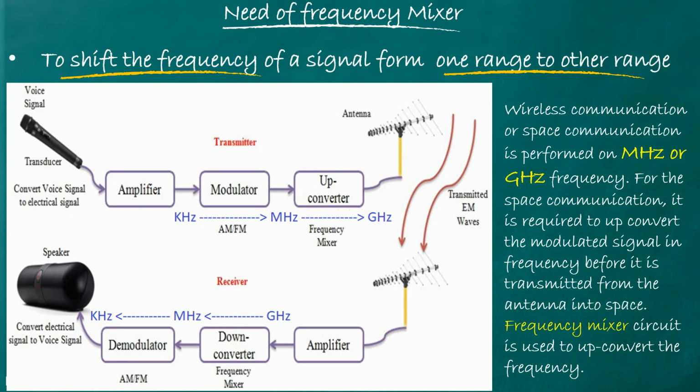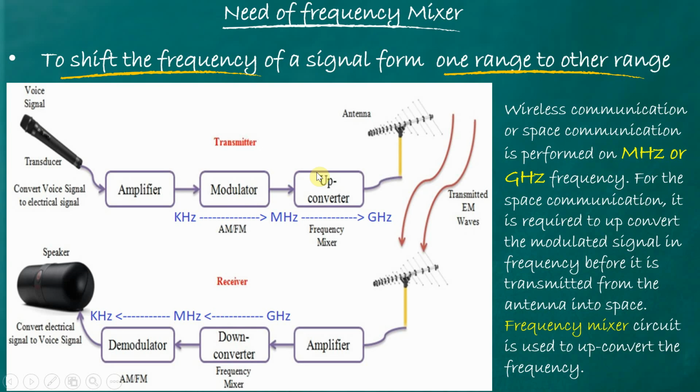In wireless or space communication, the frequency of operation is normally in megahertz or gigahertz. So for space communication, it is required to convert megahertz frequency into gigahertz frequency, and this job is accomplished using an up converter, and that up converter is nothing but a frequency mixer, right?